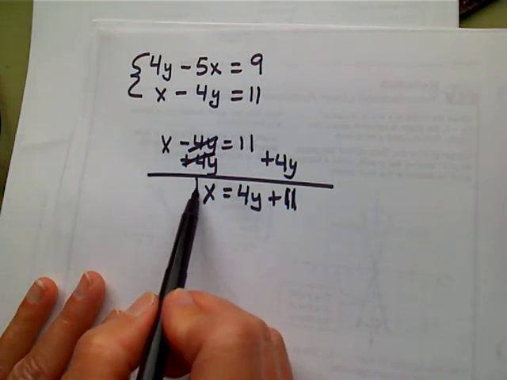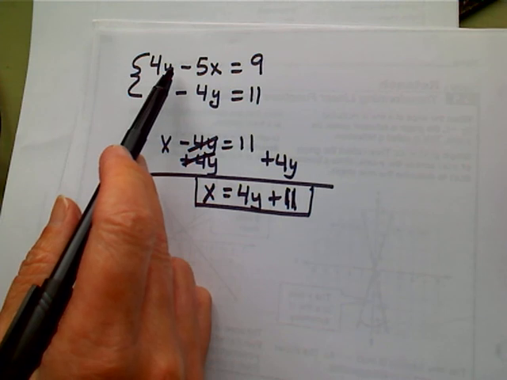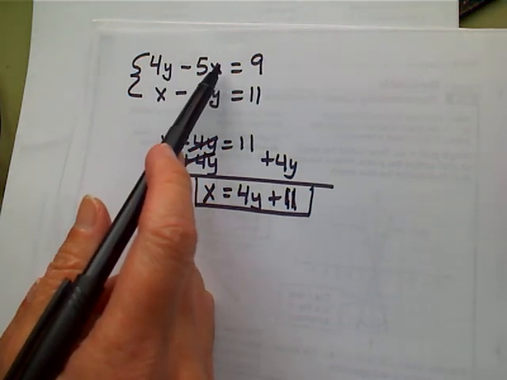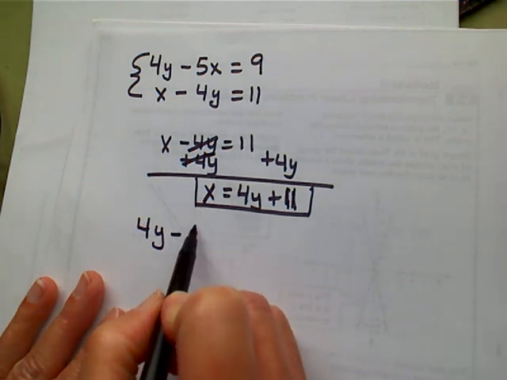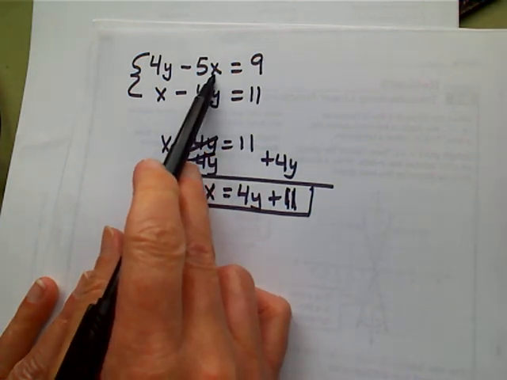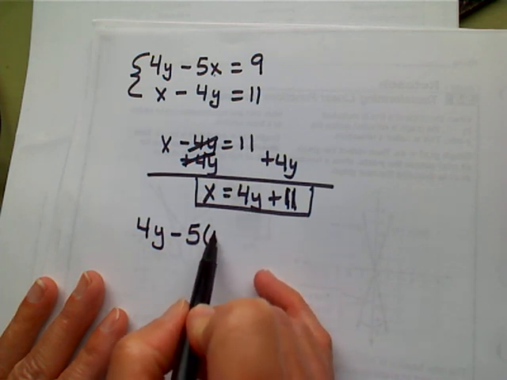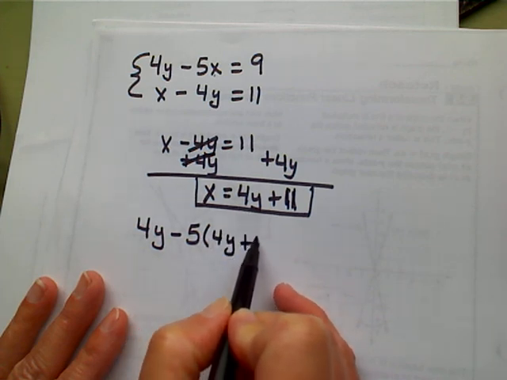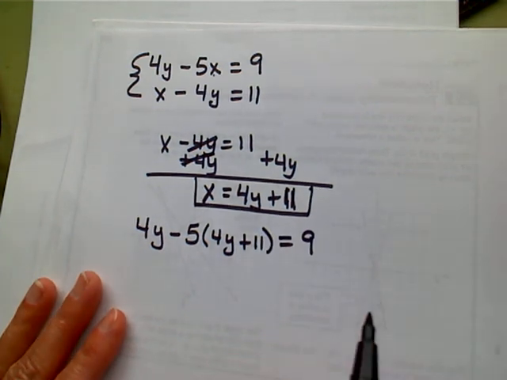So what I'm going to do is take this and plug it into this top equation here. So 4y minus 5 times, now instead of saying x, I'm going to plug in that value of x, which is 4y plus 11, and equals 9.